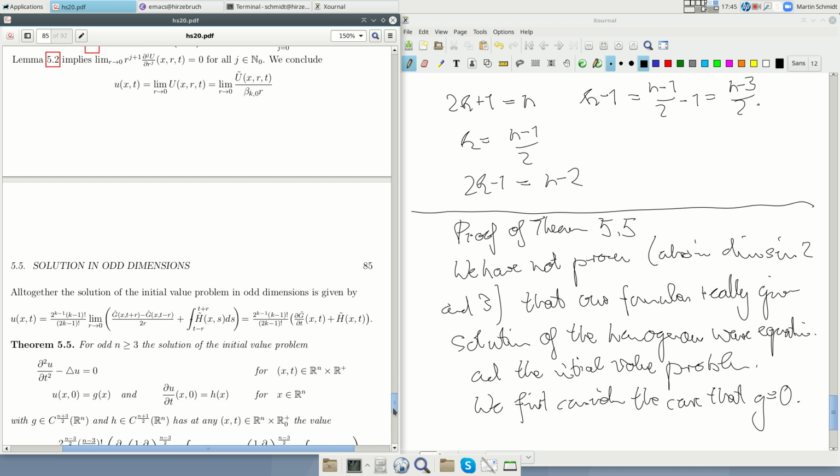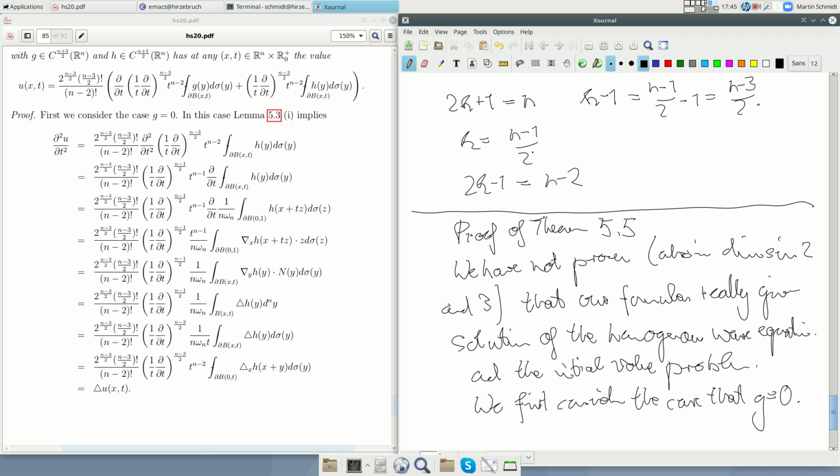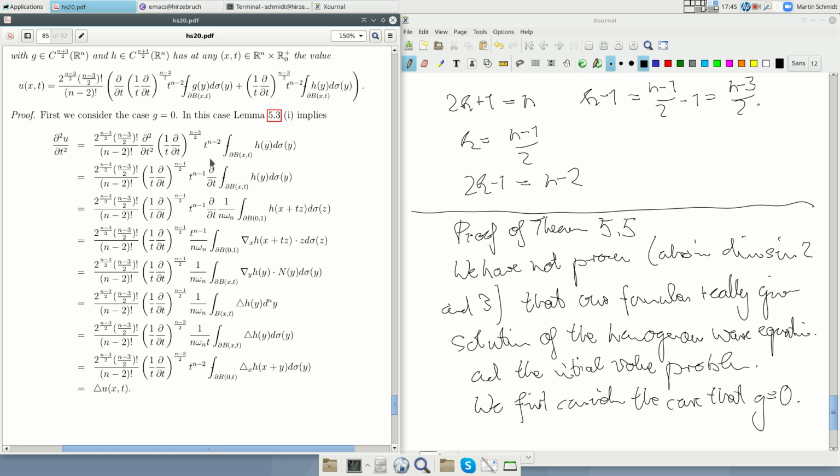So now we apply this nice formula. So we get one higher term, k. K is then n minus 1 over 2, so 2k is also n minus 1. This is this term. And then the derivative of this function here.